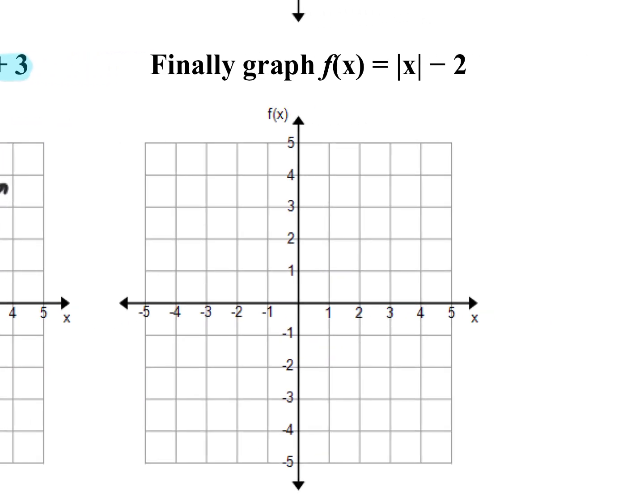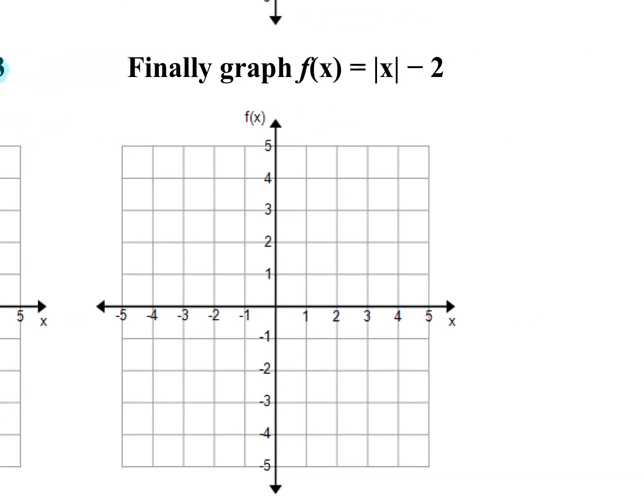Okay, finally, let's graph our f of x is equal to absolute value of x minus 2. Let's graph our parent function for the meantime here. The parent function starts from 0, 0 all the time. I'm going to just use blue here, but it's going to be a dotted line.